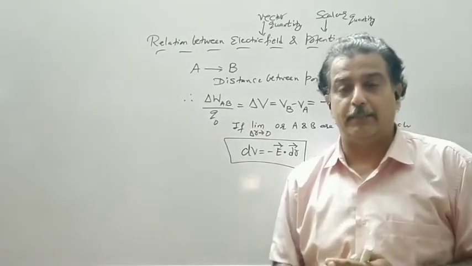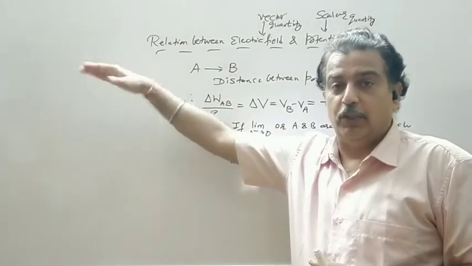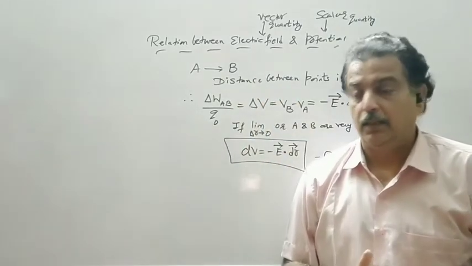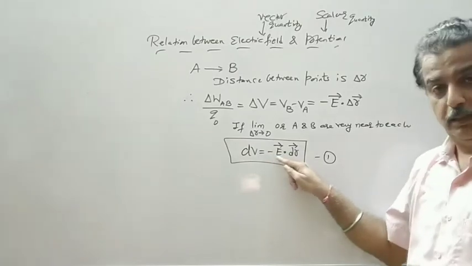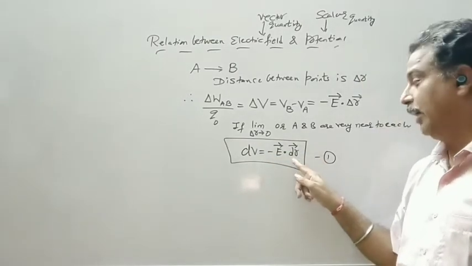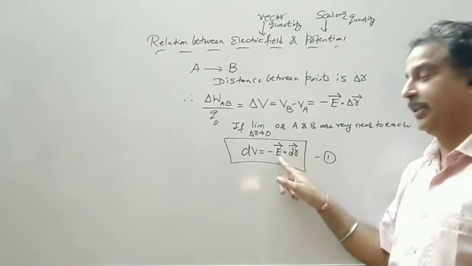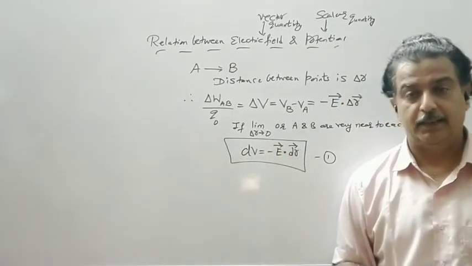So we took two examples. One was where the field was along the y-axis and we took two equipotential surfaces B and A. In that case the angle between minus E, meaning opposite to the field, and dr was 0, and we wrote E dr cos 0, and therefore E was written as minus dV upon dr.